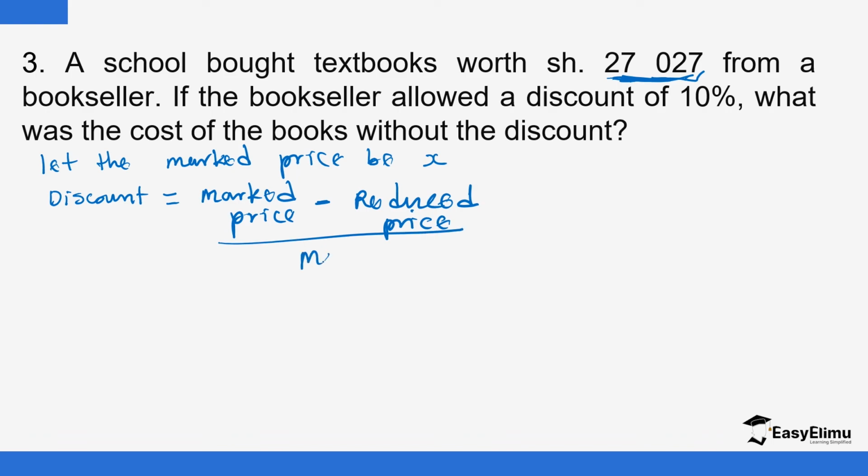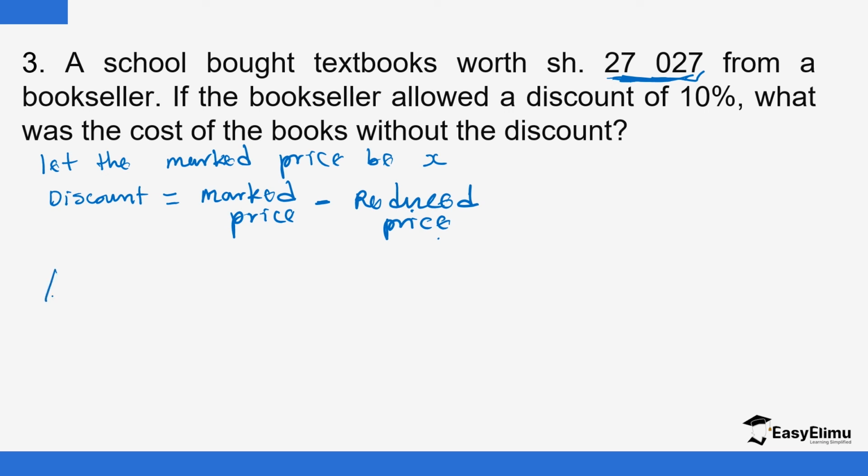Over the marked price, times 100. So this one should not be there. So we have the discount being marked price, you subtract the reduced price.